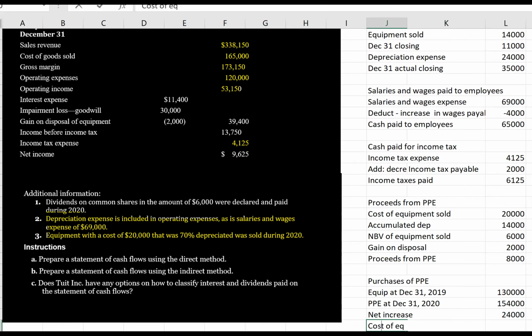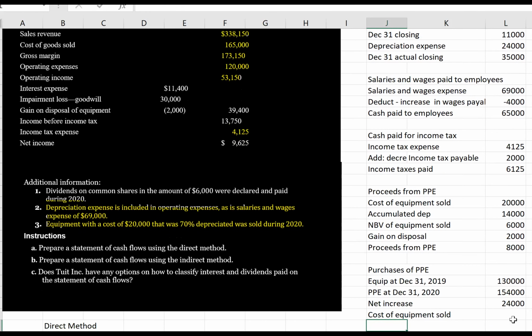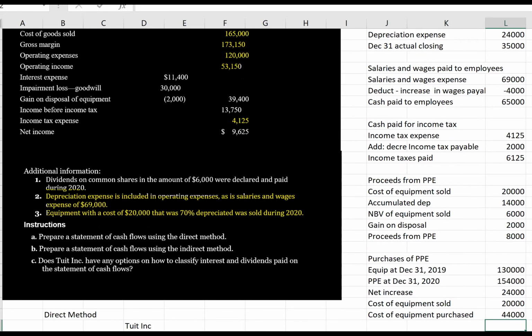So the cost of the equipment sold. We're pulling out that same number that we were given before, which was the $20,000. Remember, it says here in point 3 under the additional information, equipment with a cost of $20,000 was sold. So we're going to have the 20,000 here. So that means the cost of equipment purchased means that it went up by 24,000, but we deducted 20,000. So on a gross basis, we must have purchased $44,000 of equipment.